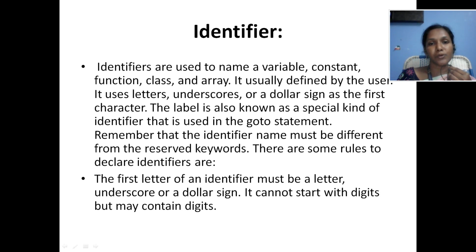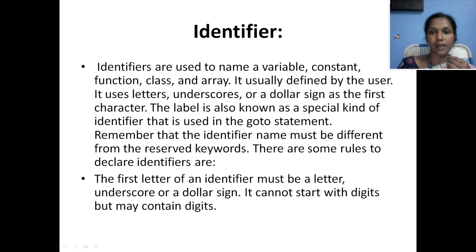Identifiers are used to name a variable, constant, method, class, and array. There are some rules whenever you want to declare an identifier. The identifier should start with a letter, underscore, or dollar symbol as the first character.